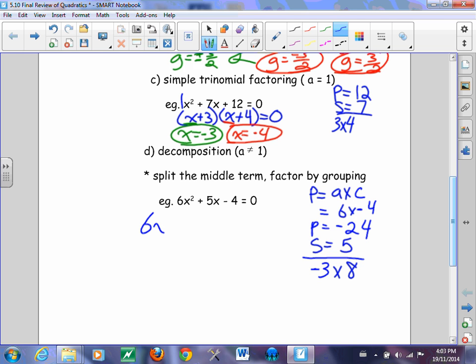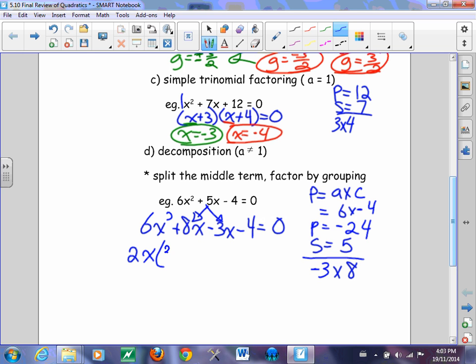So we're going to leave 6x² as it is. We're going to split the middle term. So I'm going to put down my positive one. I just tend to put my positive one down first. I like that. So I'm going to go plus 8x minus 3x minus 4 equals 0. I look to see what's common in the first two, and you should have a 2 and an x.